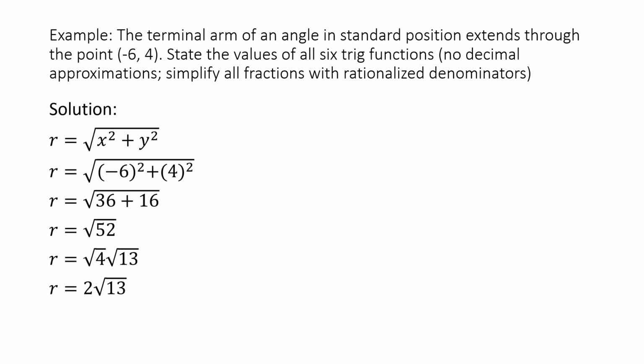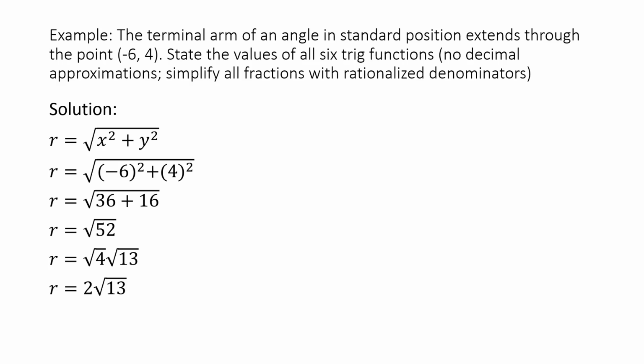So what does this mean for us? Suppose I told you that there was an angle in standard position, and if I extended the terminal arm out, it eventually goes through the point (-6, 4). So you picture yourself with an x and y axis, and from the origin you draw a line out to the point (-6, 4).